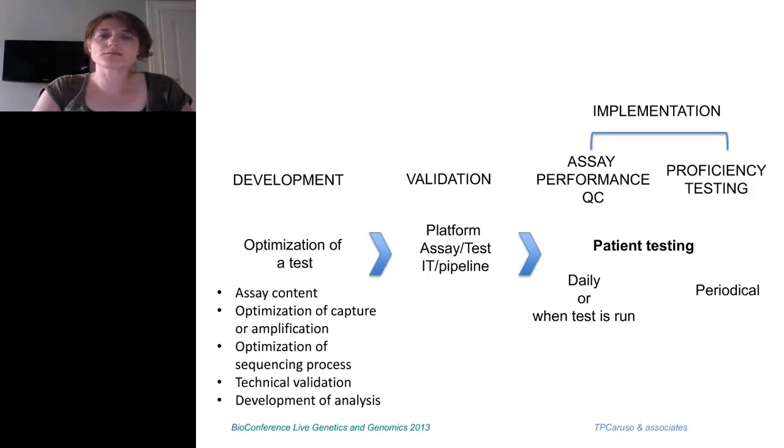So once you've decided on this part, and before you actually undertake this, you need to also consider what you will need to validate. You will need to validate your platform, make sure that it performs well every time, that it's reliable. Then how will you go about validating the assay itself?